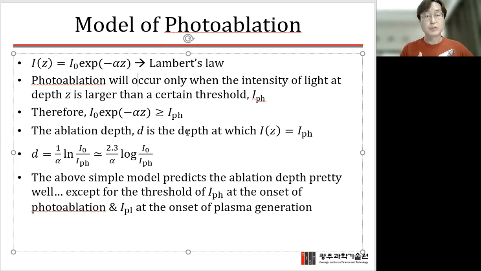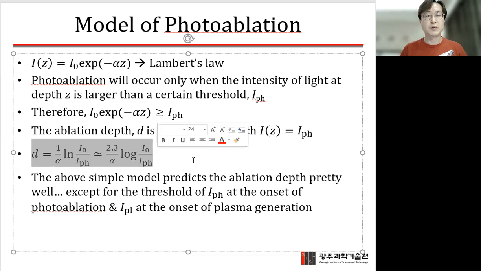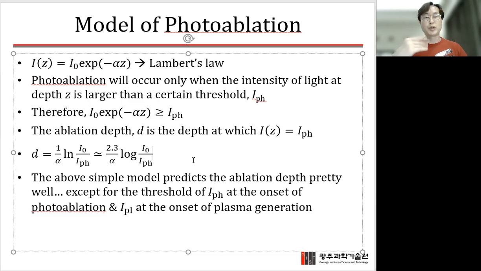When you want to estimate the ablation depth, D, then at D the intensity must be the same as the threshold level. So from this equation, it can be estimated by following the ratio between the light intensity at the surface and the light intensity threshold for the photoablation.